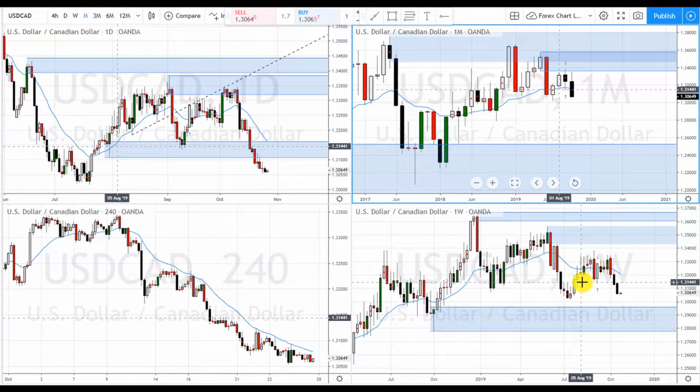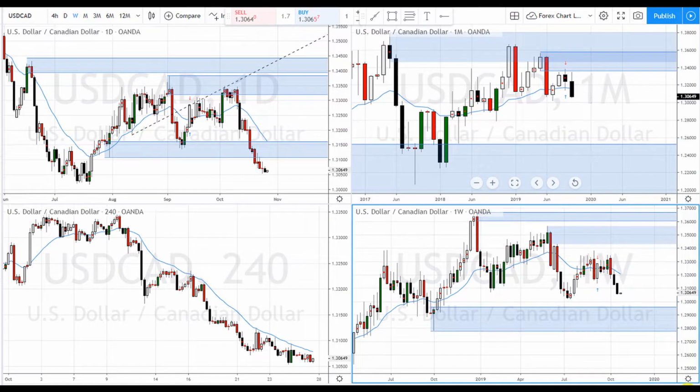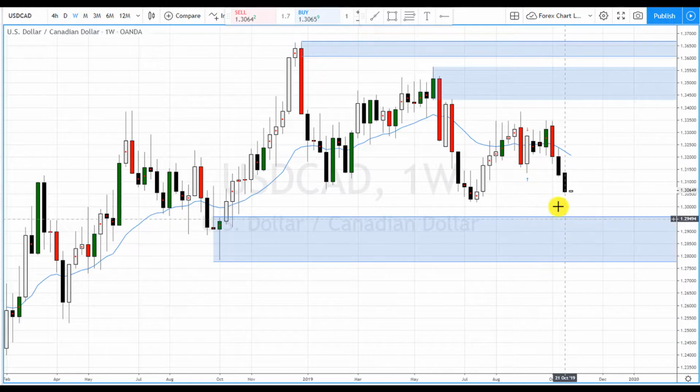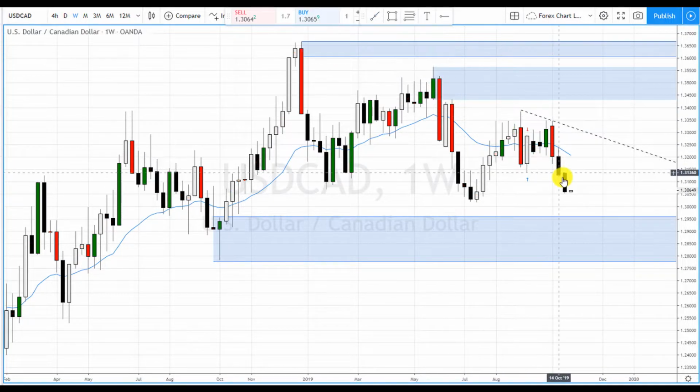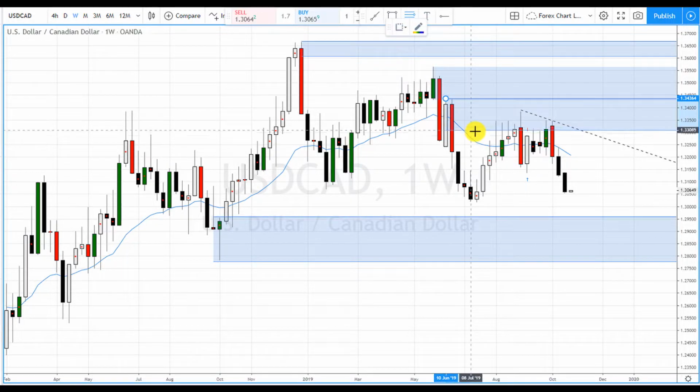Okay, so we have on the weekly, we have monthly in a downtrend. Weekly is in a downtrend, and this area created this area of supply, and then also created this area of supply too.